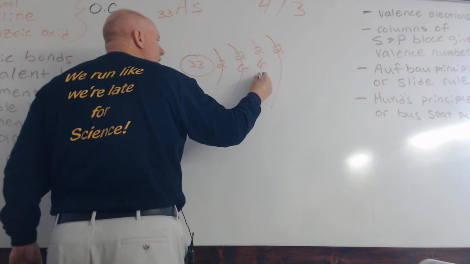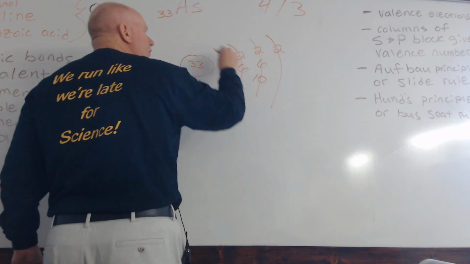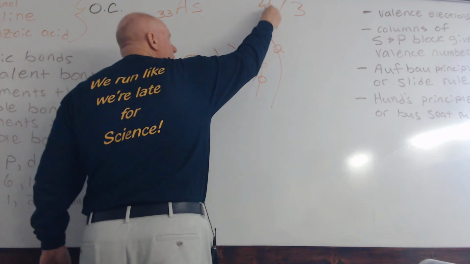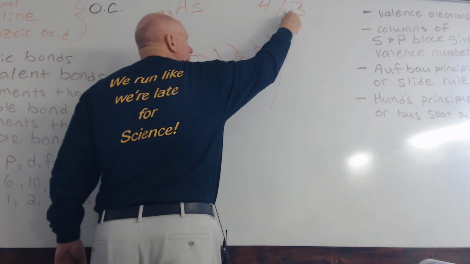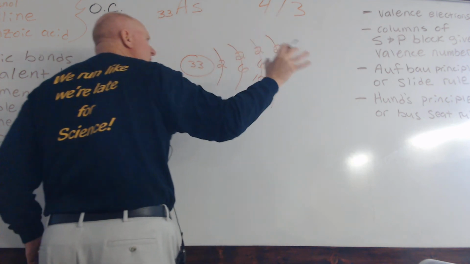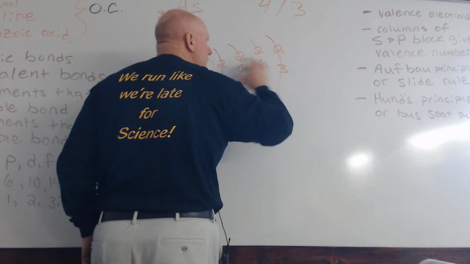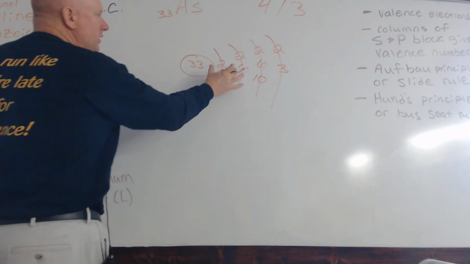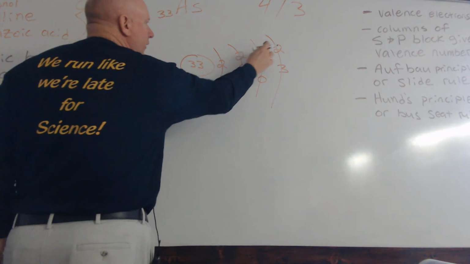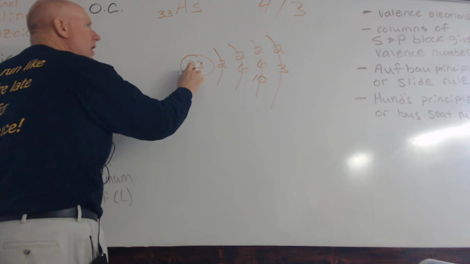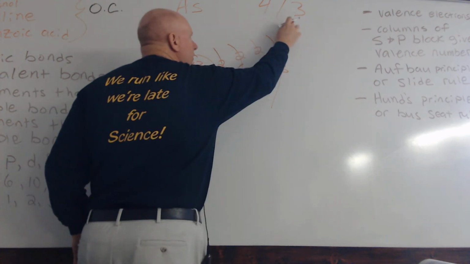We're going to put all 10 of them. Okay, so 1, 2, 3, 4. There's our 4. And then the 3 comes from, in the P block only, arsenic is in column 3. So if we add all these together, we've got 10, 20, 28, 30, 33. So that's got to be right. So there's where those two numbers correlate.